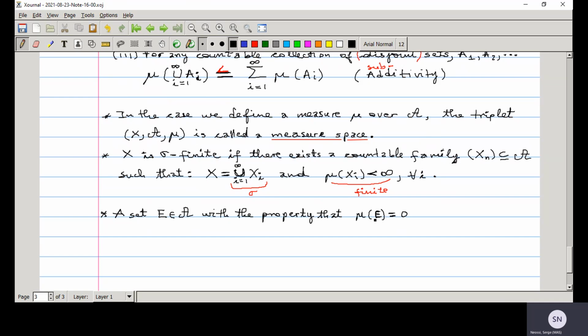You see that this is a set which is not the empty set, right? Any other set except the empty set that has this property is called a negligible set. It's negligible because it has elements, it's not empty, but its measure is 0, so you can neglect it. It's called a negligible set or a null set.